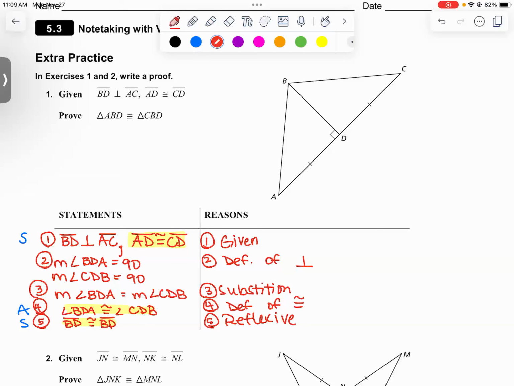Okay. I now have three statements in my proof that says we have a side, angle, side that are congruent to each other. So we can now officially say that triangle ABD is congruent to triangle CBD by side, angle, side.